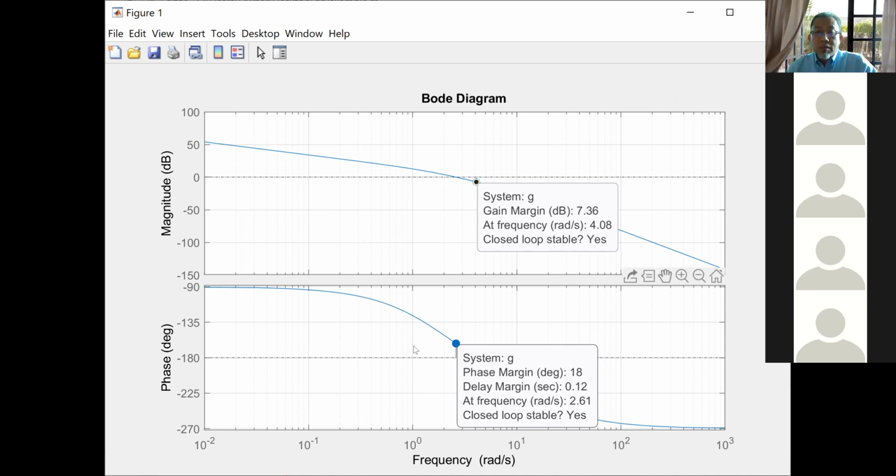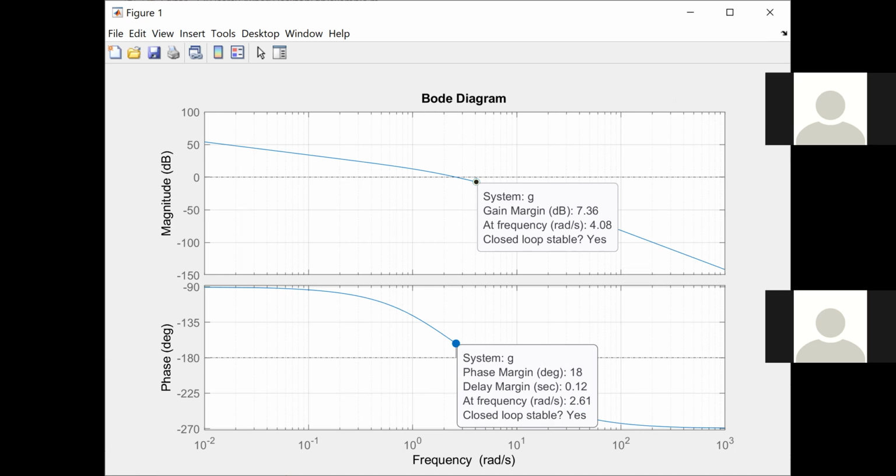May I ask Nur Aina Shafika, what is the value of omega GM, the gain margin frequency? 2.61 radian per second. I'm afraid your answer is wrong. The answer is 4.08 radian per second. The one you mentioned is the phase margin frequency. Please take note.